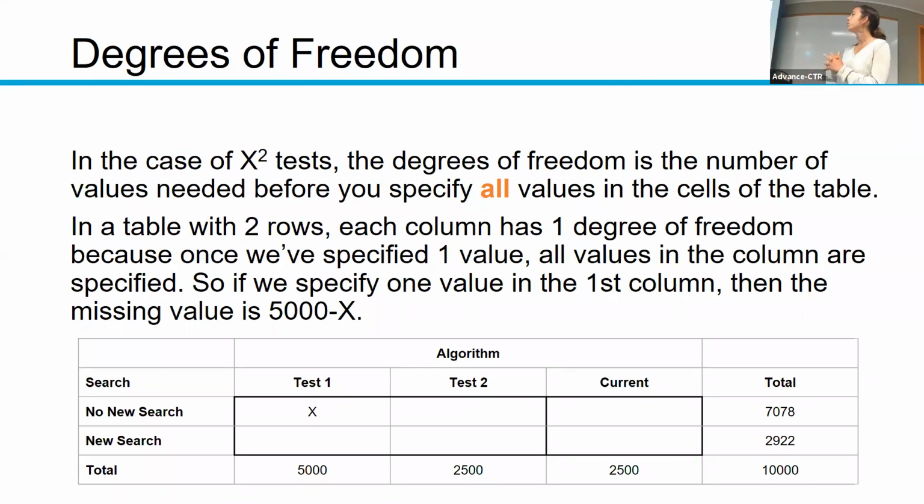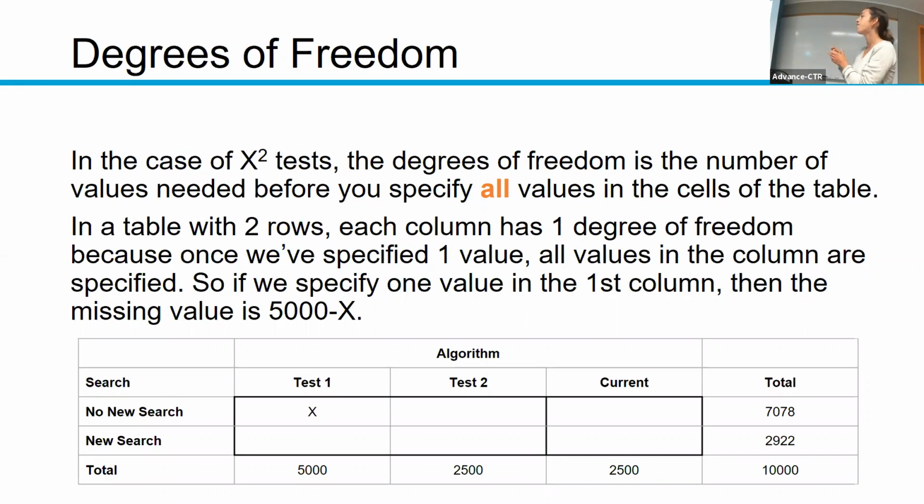The way you can think about these degrees of freedom is to think about it for each row and also for each column. So we start by looking at this 2x3 table. This table has 2 rows, which means that every single column is going to have 1 degree of freedom. If you focus on the first column, which is test 1, since we have 2 rows, once I know the value of the first cell, X, I know exactly what the second value in that column is going to be.